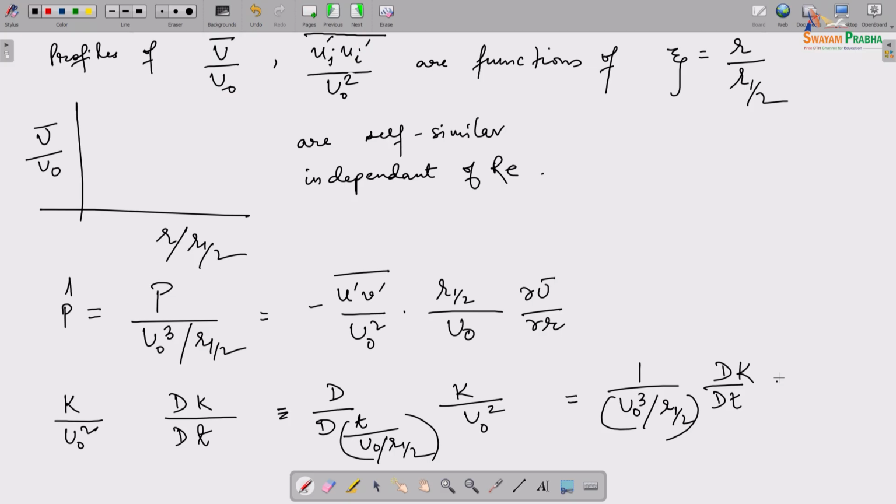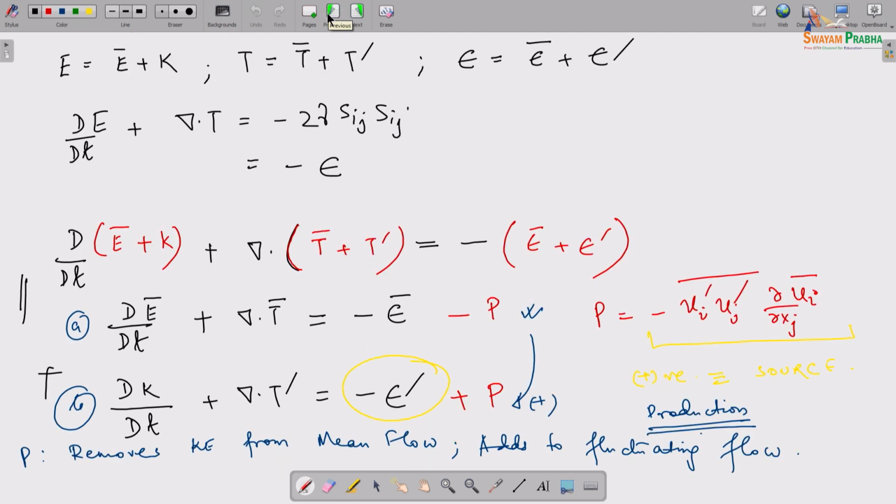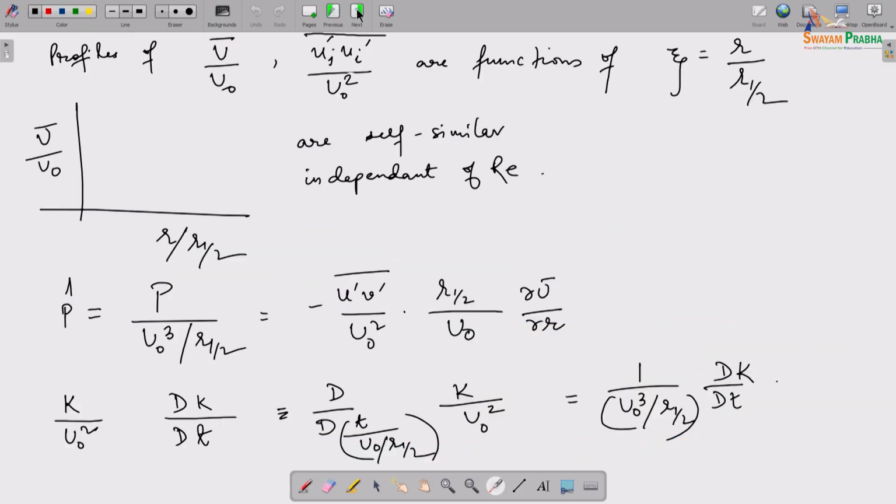If you look at this equation B, what I have done is I've basically multiplied this and the P by 1 by u naught cubed by r half, and I know that these terms are going to be self-similar.